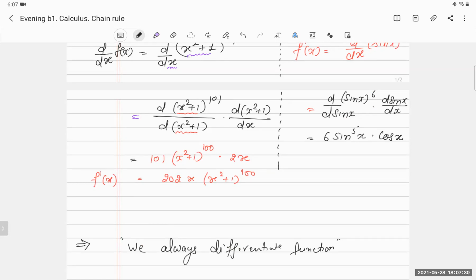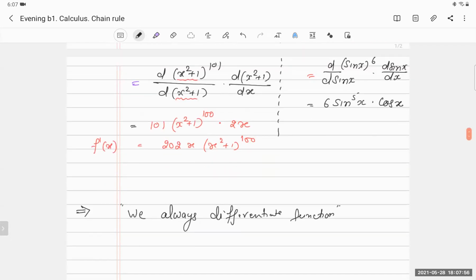So if I say that my function is sin, then what will be the derivative of sin? Cos. उसके अंदर कुछ भी हो उससे नहीं फर्क पड़ता ना. ठीक है. Again, if my function is suppose x square, then what will be the derivative? 2x. Okay.